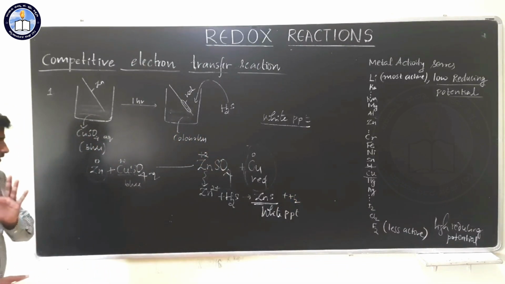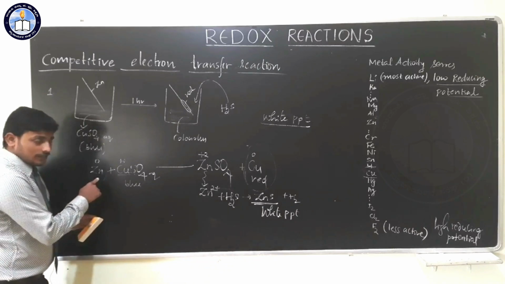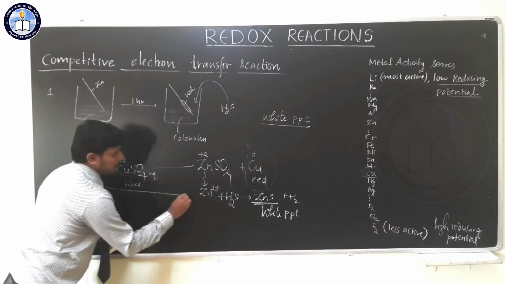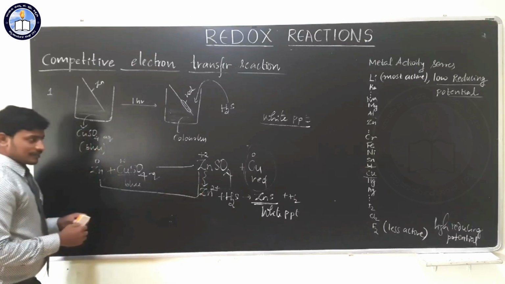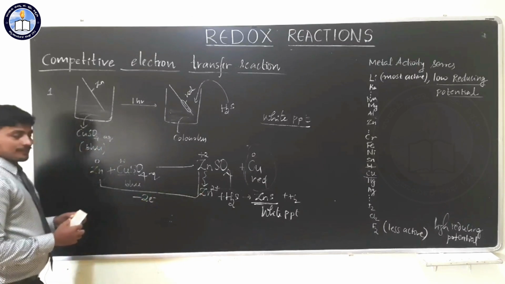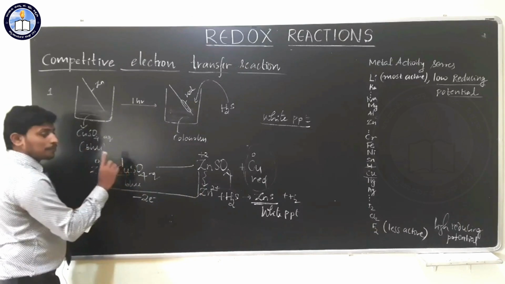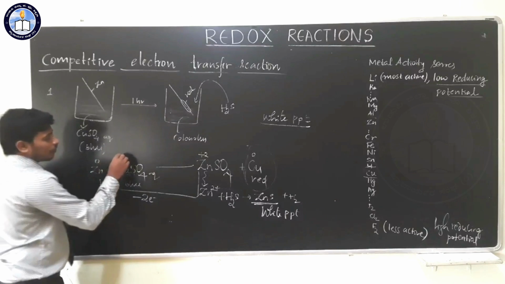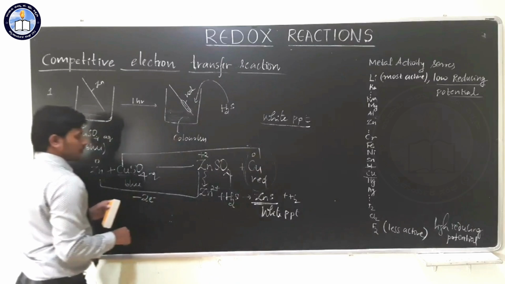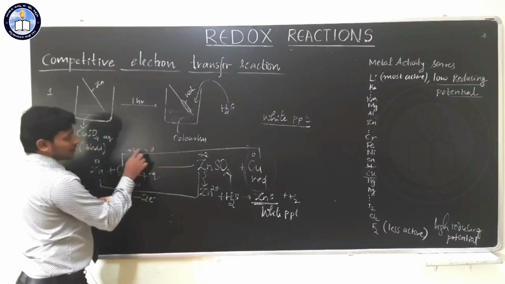Now it is quite clear that zinc turns into Zn2+, meaning it lost 2 electrons. But copper, which is in the +2 oxidation state, turns into copper with oxidation number 0, right?